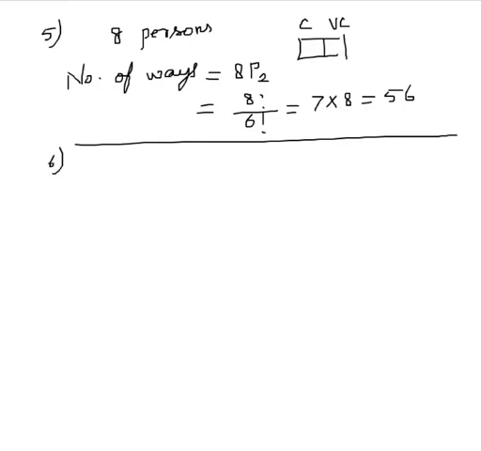Question 6. Find n if n minus 1 P3 is to nP4 is equal to 1:9. Let us use the NPR formula. NPR is n factorial divided by n minus r factorial.